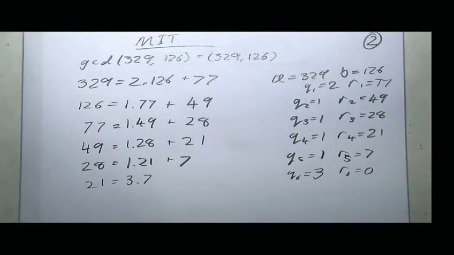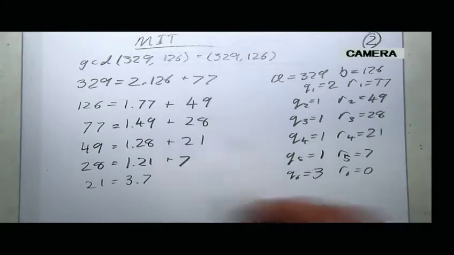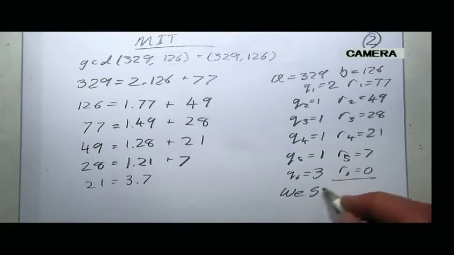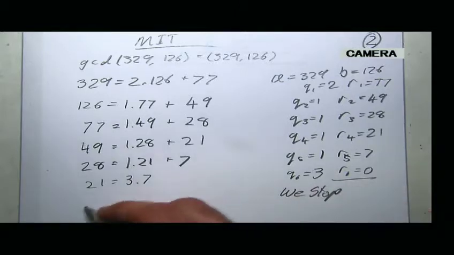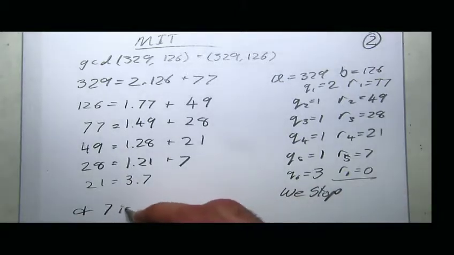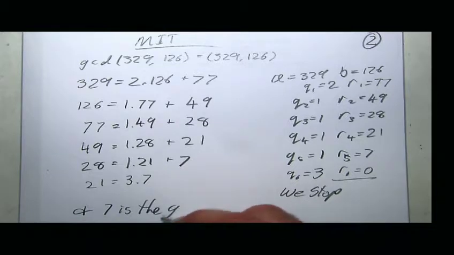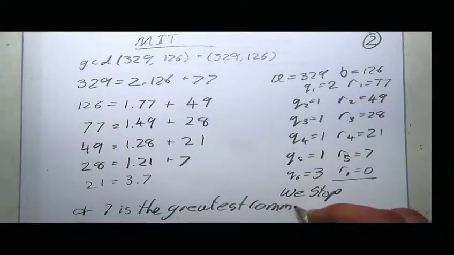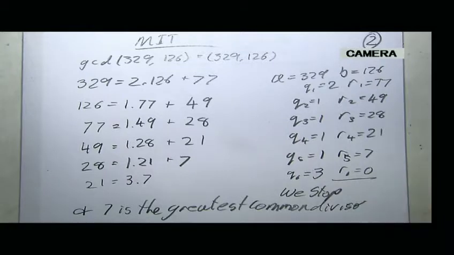That means I've stopped. So that means that the 7 is my greatest common divisor. So we're all good with that?